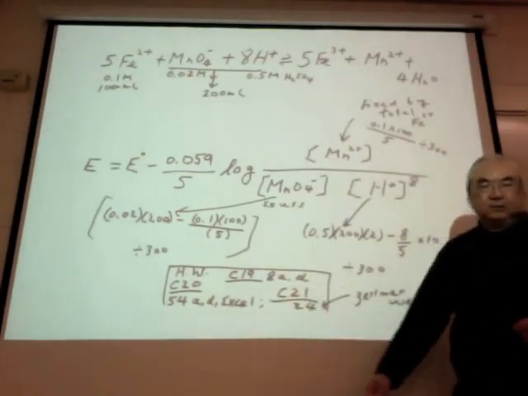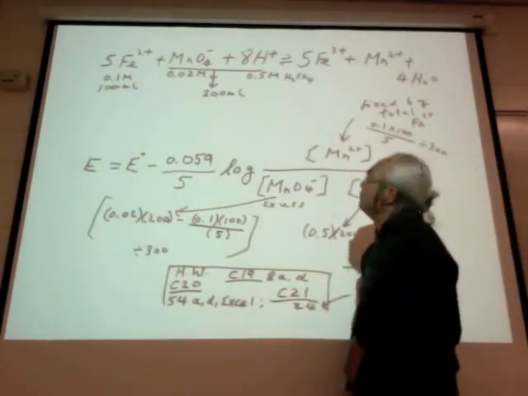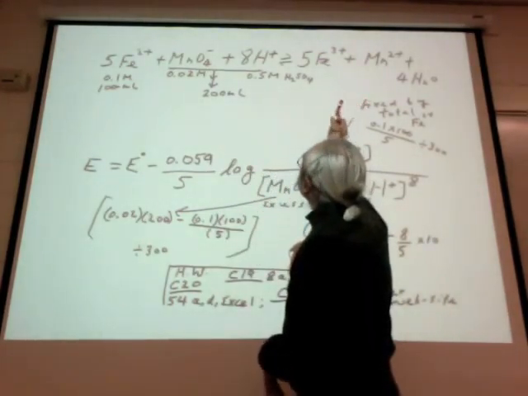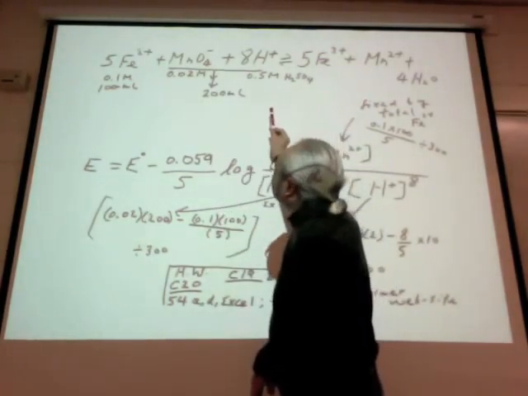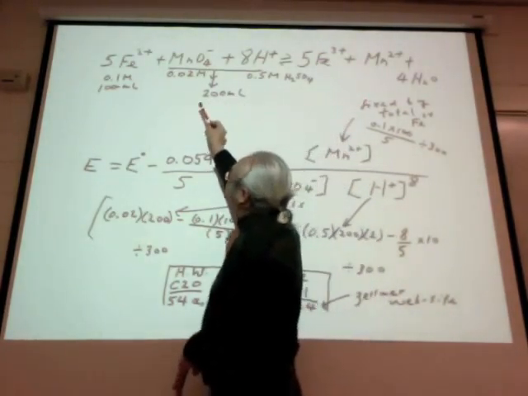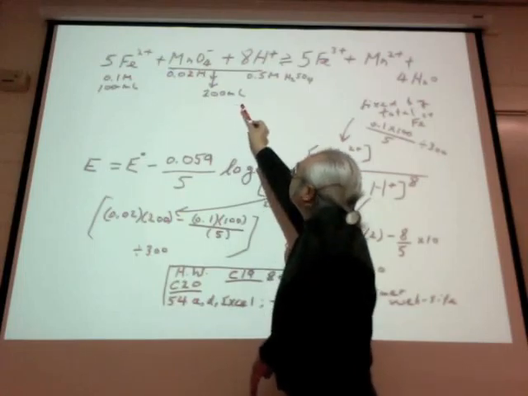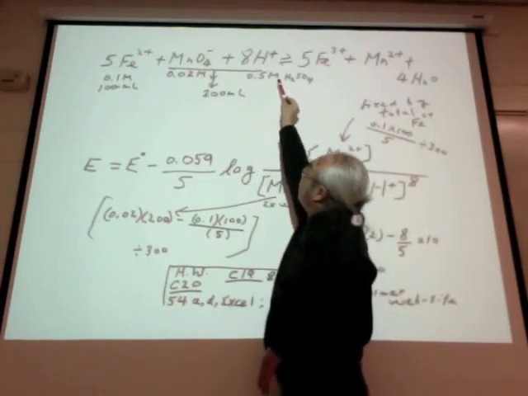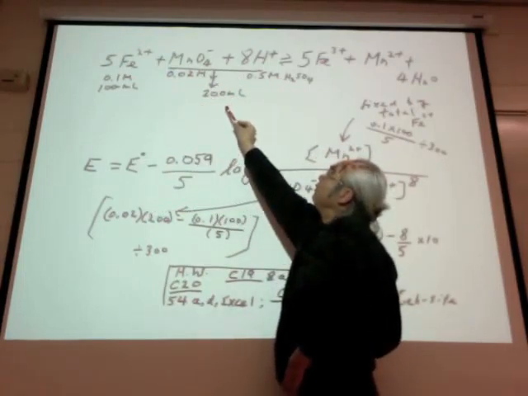Line by line again. So now let's look at this one, similar to the previous one. This is the quantity, and that is your mixture. So you add 200 ml.